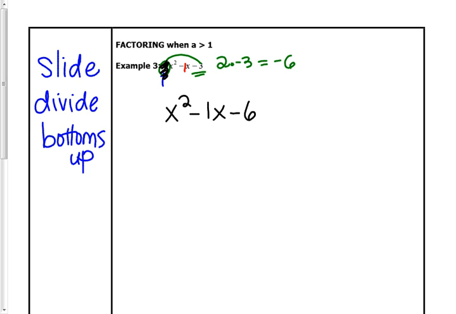Now, if you look at this, I kind of have it set up nicely to where I can see a magic pair, okay? So if there's no number in front of the x squared, then we're looking for a magic pair that would multiply to give me negative 6, multiply to negative 6, and it's got to add to give me a negative 1.